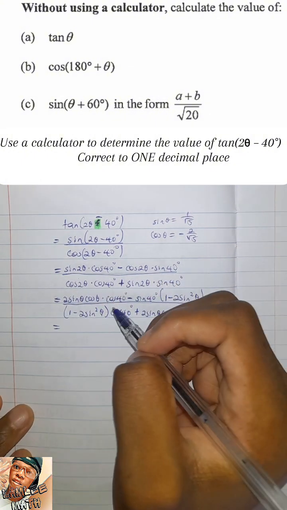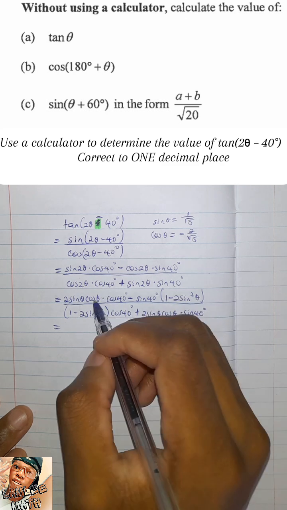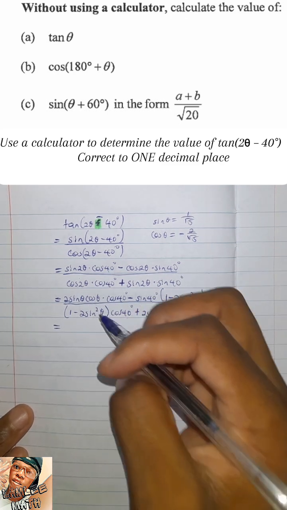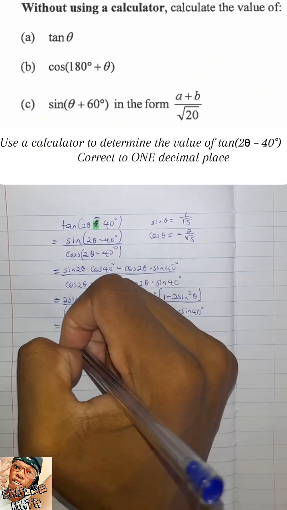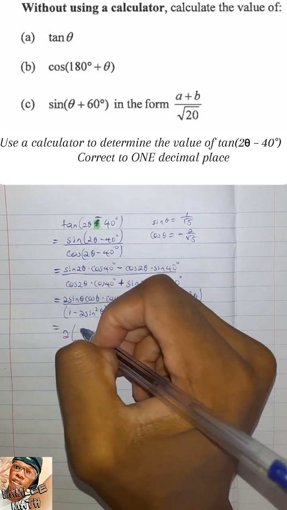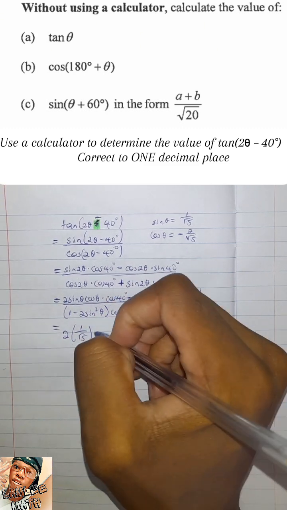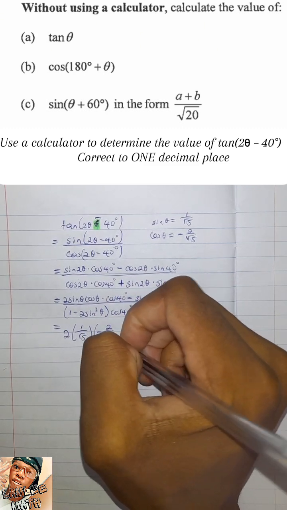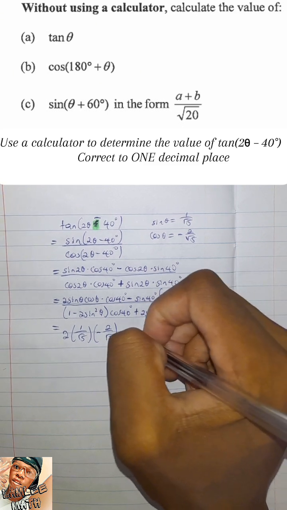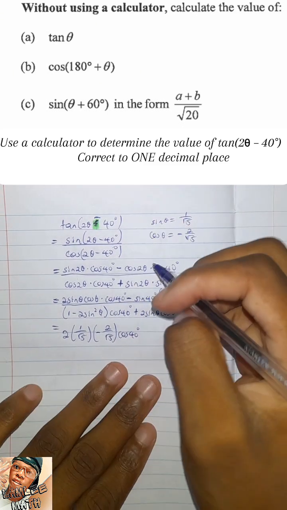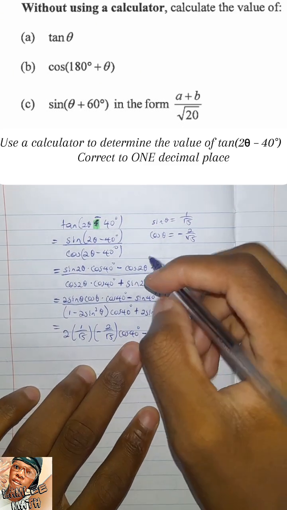Wherever we see sine theta, put 1 over root 5, and wherever we see cos theta, put negative 2 over root 5. What is sine theta? Sine theta is 1 over root 5. What is cos theta? Negative 2 over root 5. This is multiplied by cos 40 degrees, because we don't know what cos 40 degrees is. We're only going to utilize our calculator to help us with that.